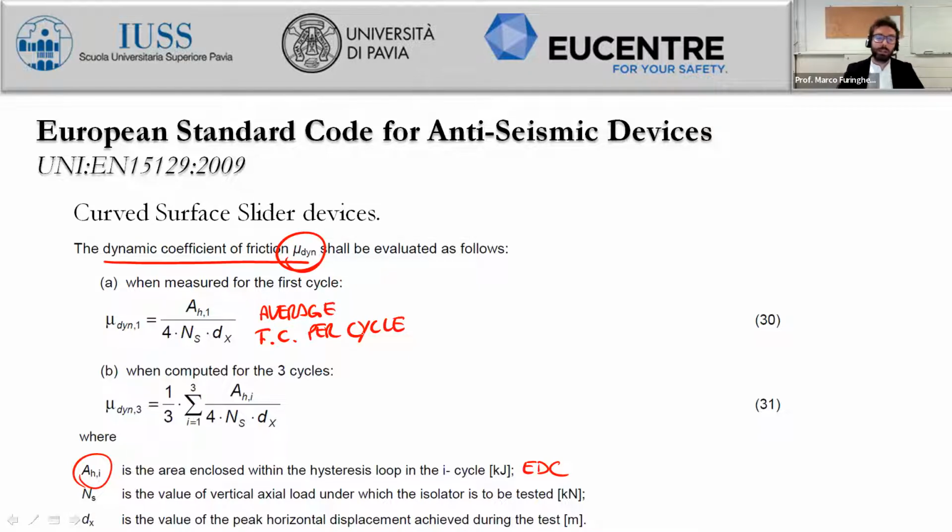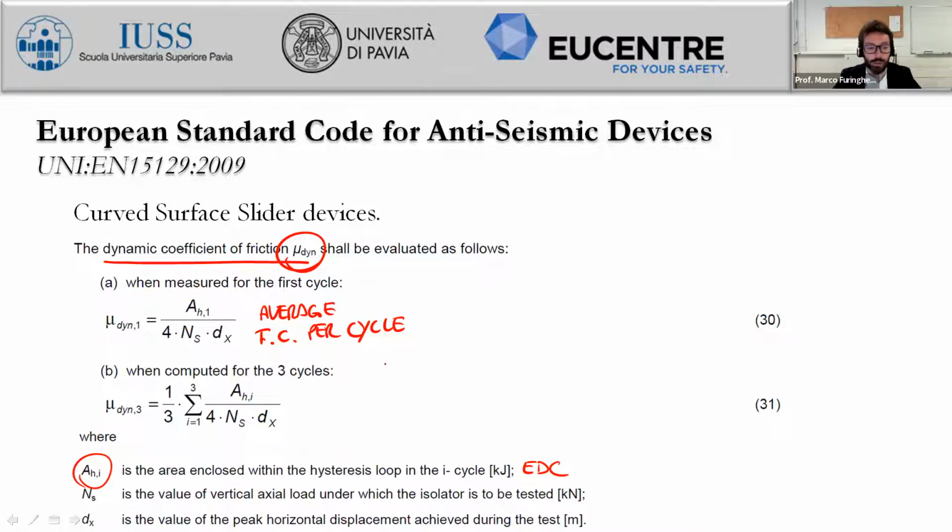And it is computed by dividing the energy dissipated per cycle by 4 times the applied vertical load times the maximum displacement of the applied ground motion. Okay, this is when this is measured for the first cycle, and then this is when it is computed for 3 cycles. So you see that it is just a mean, 1/3 of this summation.